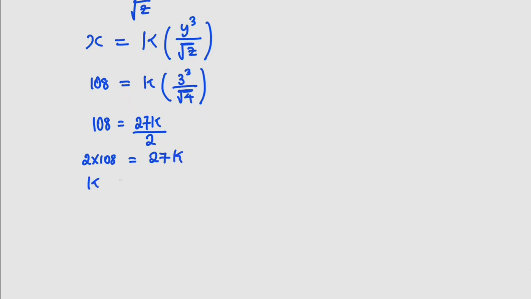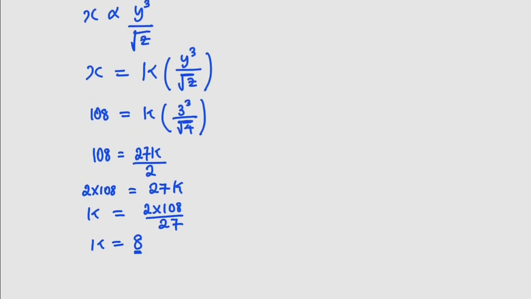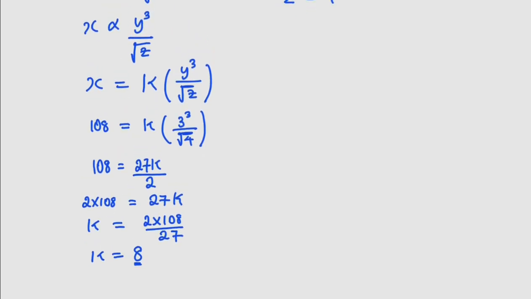So k equals 2 times 108 all over 27, which is 8. So we've gotten our k.